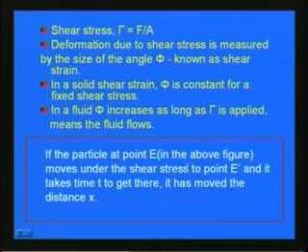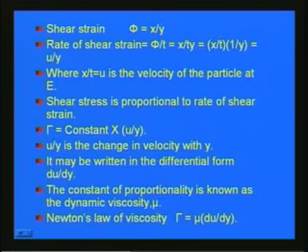If the particle at a point E in the previous slide moves under the shear stress to point E' and takes time t to get there, it has moved the distance delta x. So, we can express the shear strain phi is equal to x by y, and the rate of shear strain phi by t is equal to u by y, where the velocity of the particle is x by t is equal to u.